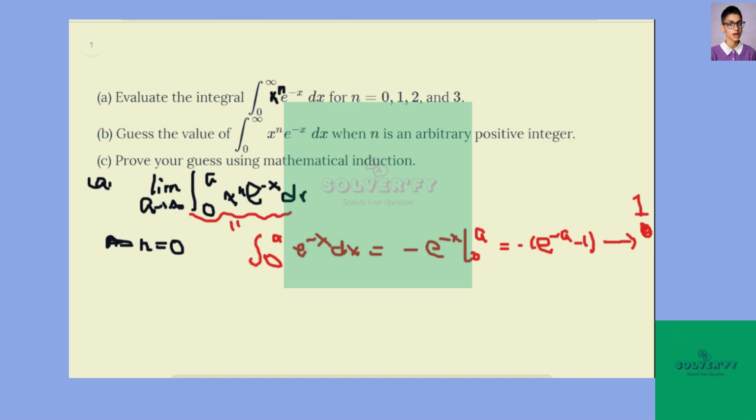And when n is equal to 1, this is the integral from 0 to A of x times e^(-x) dx. Here we use integration by parts. This is equal to the integral from 0 to A of x d(negative e^(-x)).